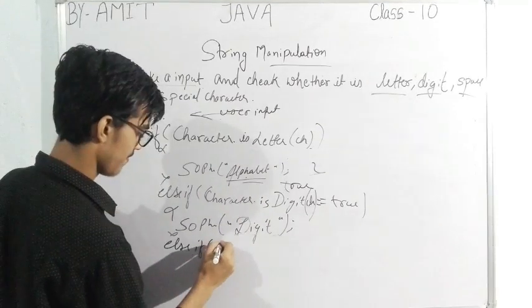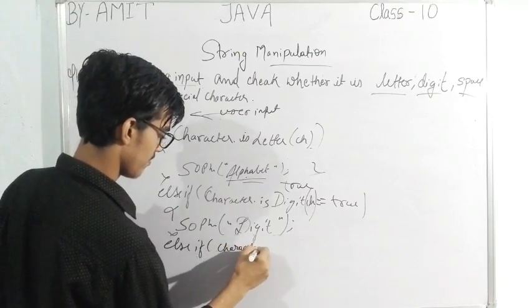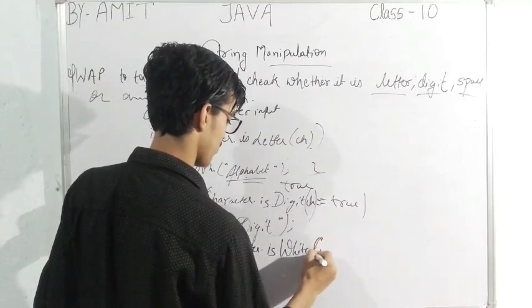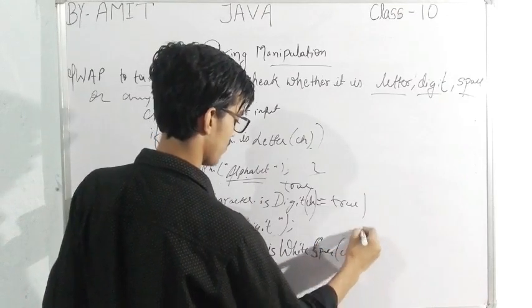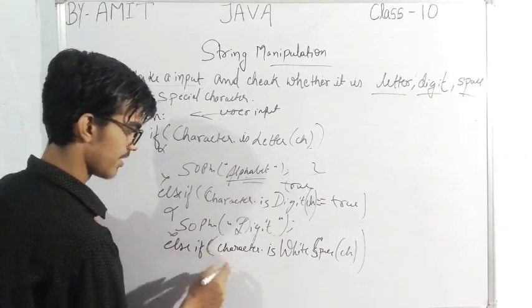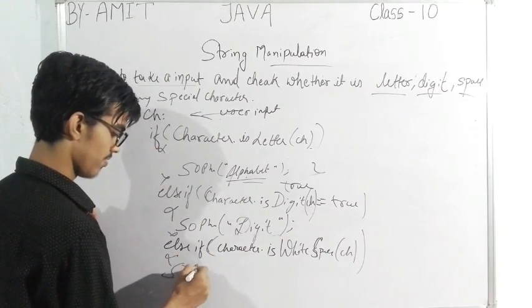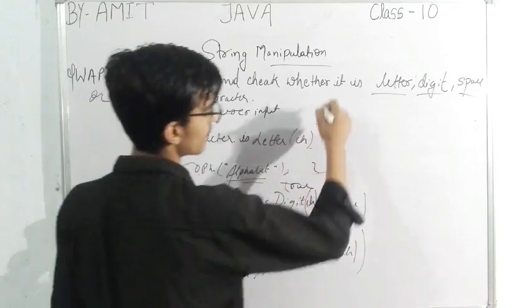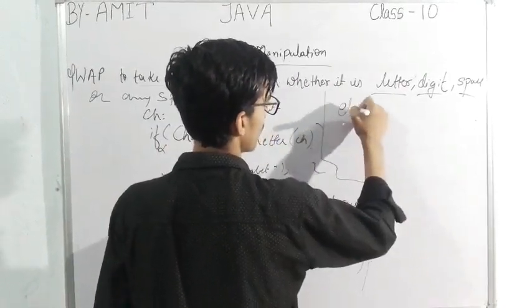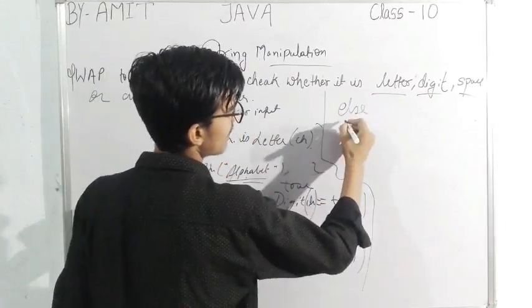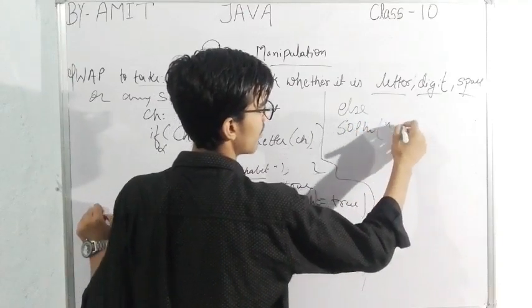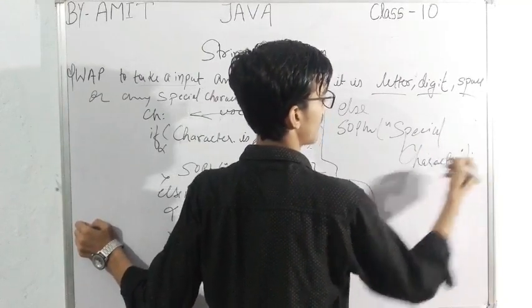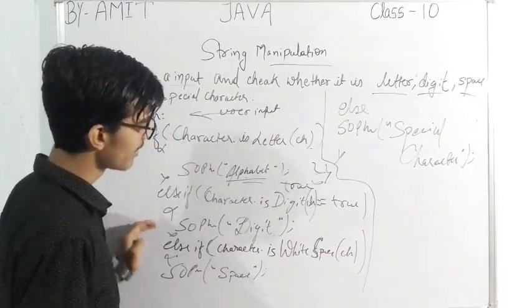Else if (Character.isWhitespace(ch)) then print space. Else print special character, and we'll close this. So this is the program.